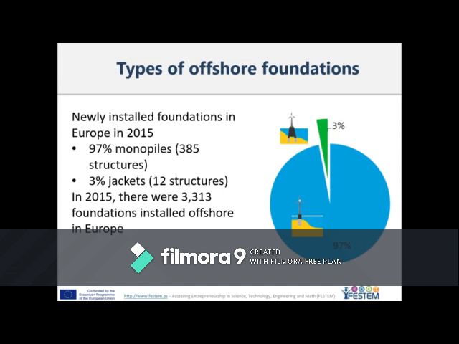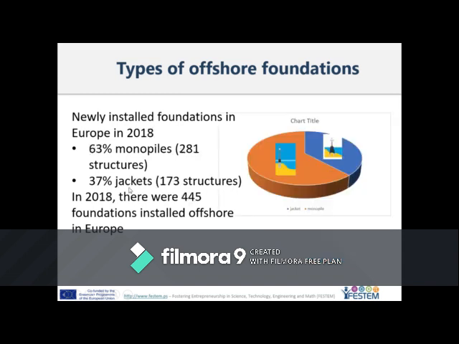For typical offshore foundations newly installed in Europe, there are two major foundations. One we call monopile structure and the other is jackets. In 2015, 90% of installed foundations were monopiles, 3% were jackets.